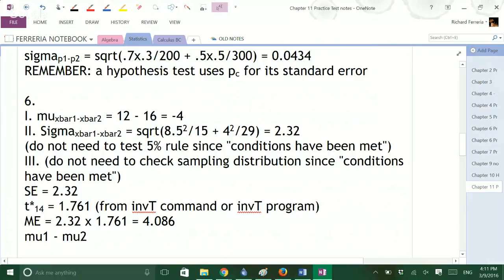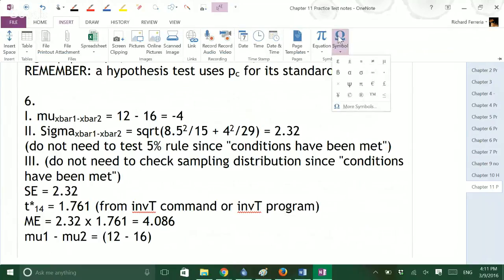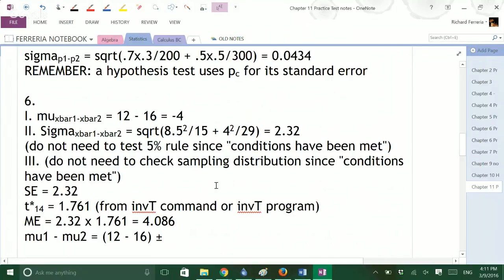Mu1 minus mu2 is going to be equal to, let's see, 12 minus 16, which is equal to -4.